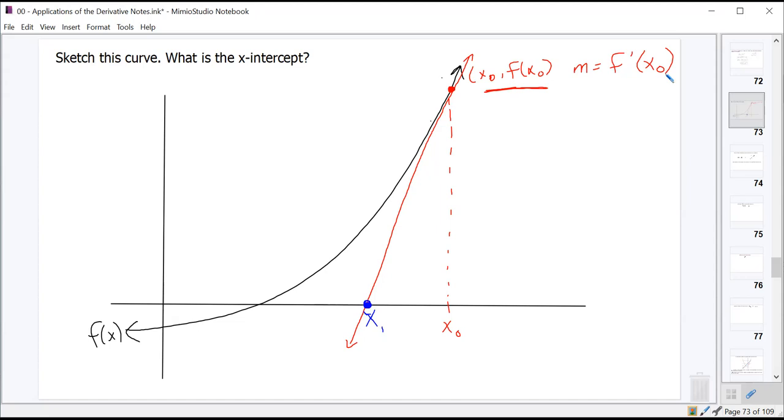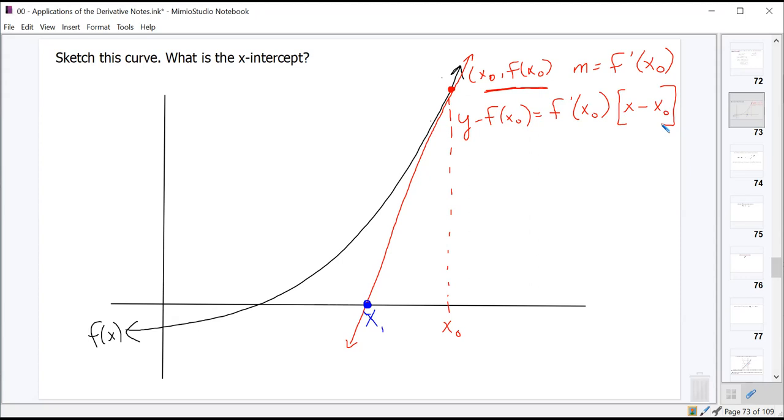Using point slope form, y minus f of x naught should equal m, which is f prime of x naught, times x minus x naught. And we should be able to use that equation to figure out the value of x1, because x sub 1 is just a point on that line that has an x coordinate of x sub 1 and a y coordinate of 0.